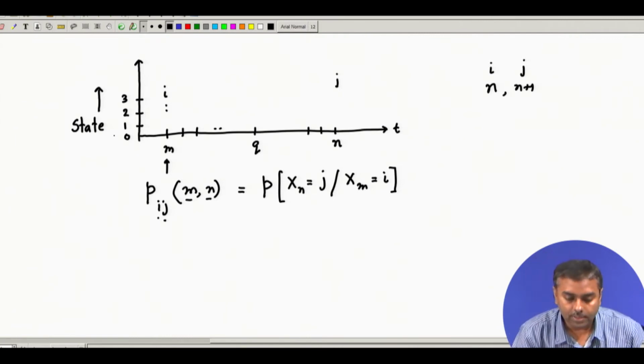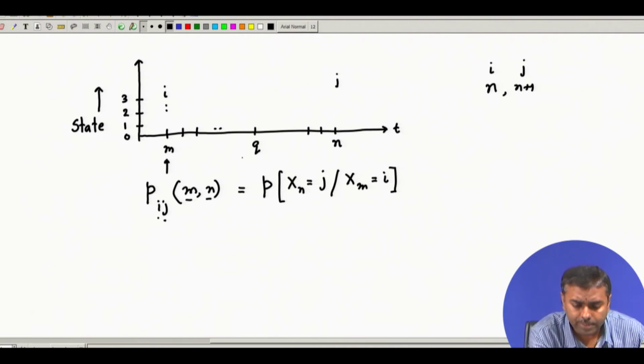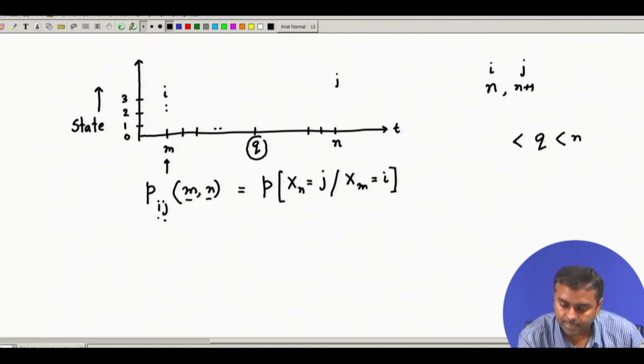Now let us try to see if we can put the Markovian property into it, and see what happens to this particular matrix. That should be our next target. For that, we can define between m and n some arbitrary stage or time instance q. The condition is that q must be greater than m and less than n.